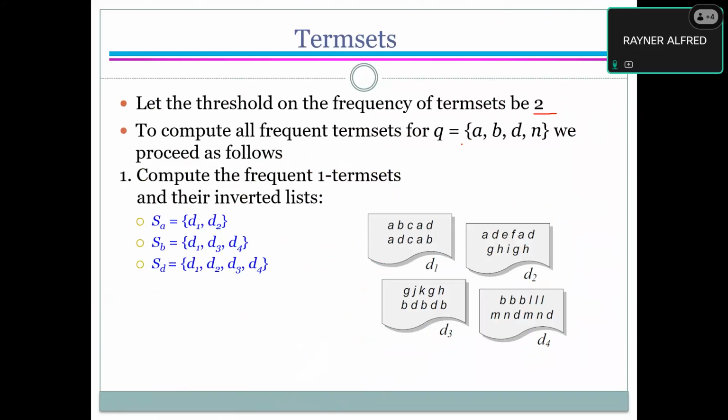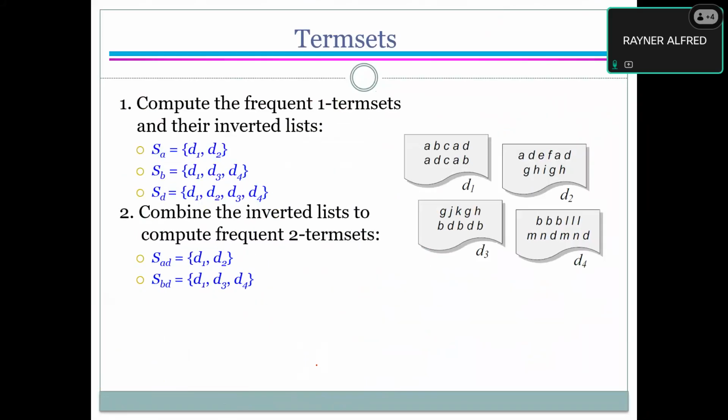So we start with this query, ABD, then of course we will have SN here. Okay, so ABD all have more than two document, but SN we only have document 4. Okay, so this is not frequent. Okay, so this is one term set.